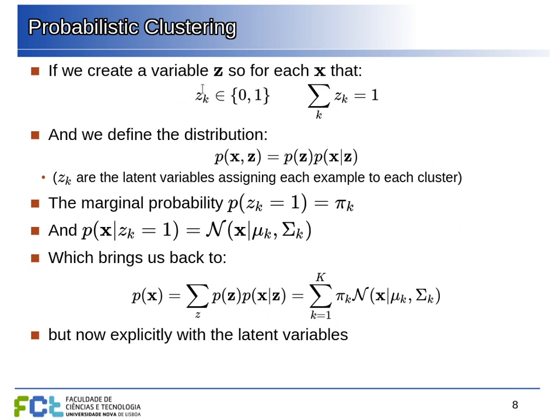So for each point, for each value x, we are going to have these k z variables that indicate if the point x belongs to cluster k. And we're going to make them so that the sum of all of these k variables for point x adds up to 1, meaning that it must be 0 for all clusters except one cluster, which must be 1, where the point belongs to.